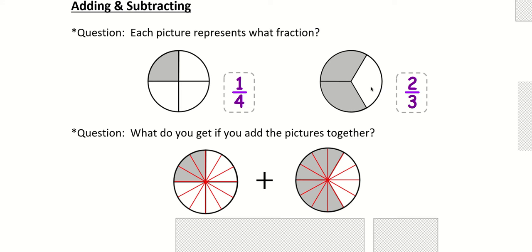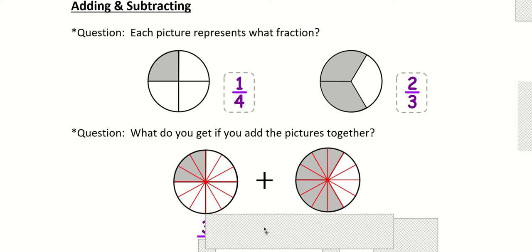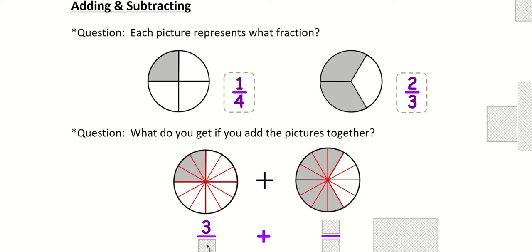You could call it a pizza or not. But if this is into fourths and this is into thirds, these red lines are now what? Well, they're in twelfths. So now this same shaded area, which is 1/4, is also the same as saying 1, 2, 3 out of 12. Right?